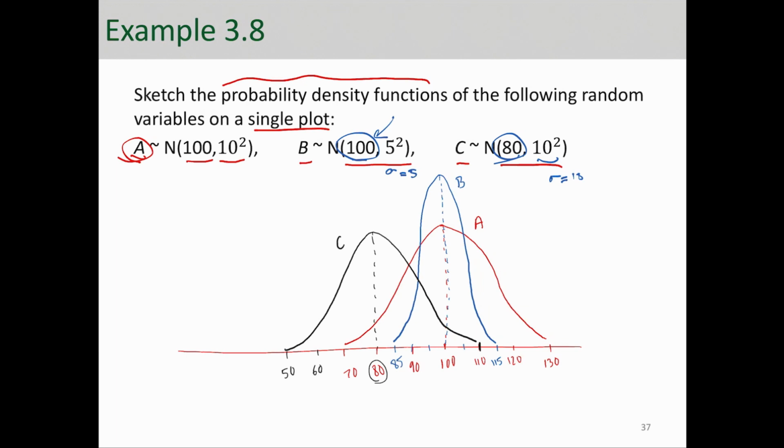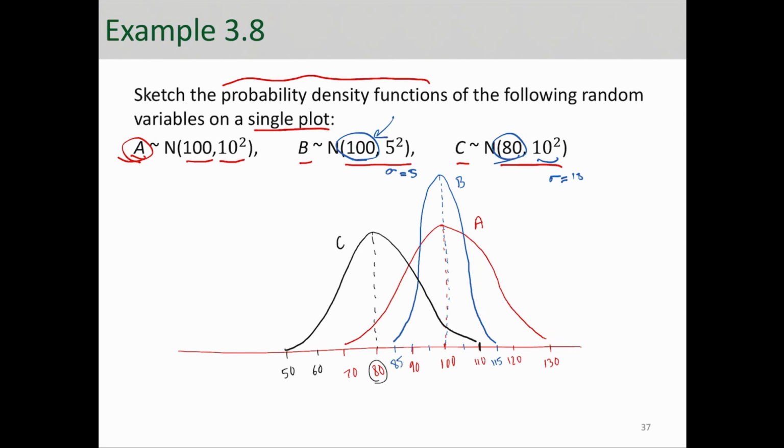So here you can see the differences between these three random variables in terms of the impact of mu and standard deviation on the shape of these normal bell curves or PDF functions of them. So let's assume that this A, B, and C are three different cities and they represent the temperature of those cities.